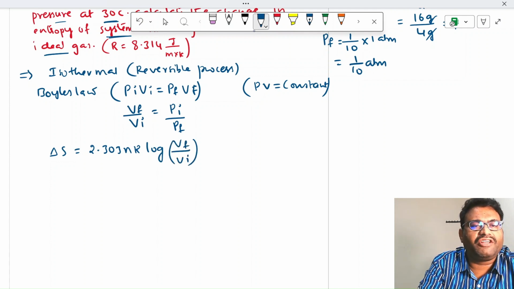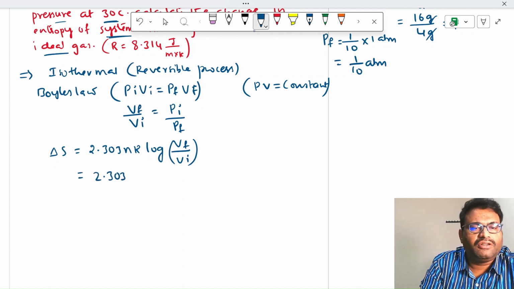As volumes are not given, as pressures are given, we can convert this volume into pressure. Then what do we get? 2.303 NR log, instead of V final by V initial, I can write P initial by P final.